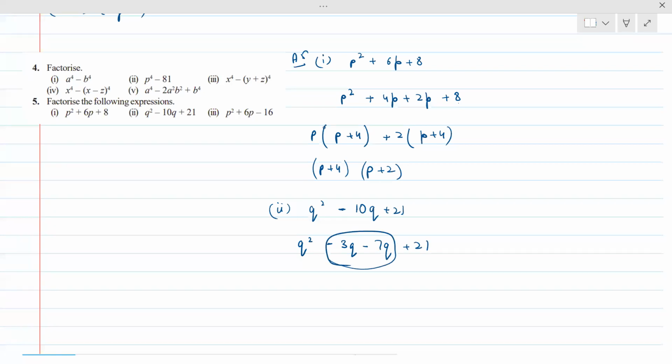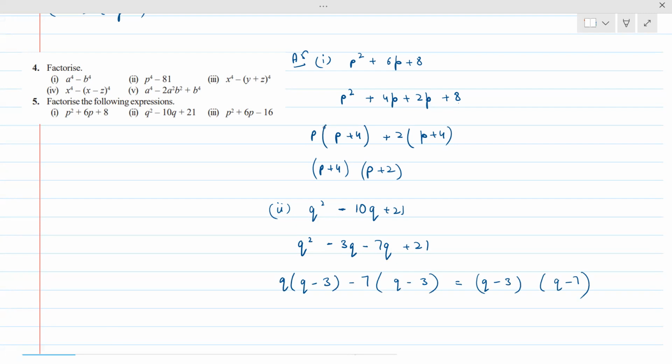You can see when we add it, we get minus 10q, and when we multiply it, we get 21q^2. So it is q(q minus 3) minus 7(q minus 3). So the factors are q minus 3 and q minus 7.